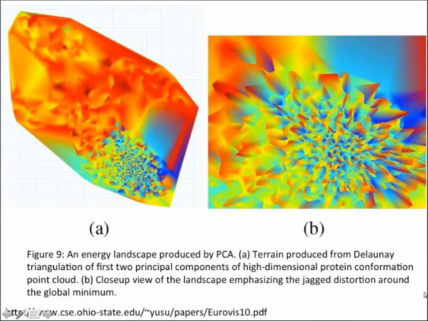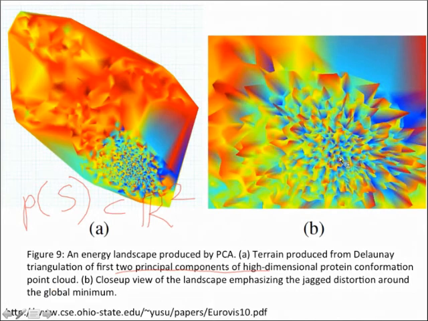So this is one method. Basically, we project onto 2 dimensions. So we're now going to project our set of conformations to lie in some 2-dimensional space by taking the 2 first principal components. So principal component projection, projecting onto 2-dimensional spaces.